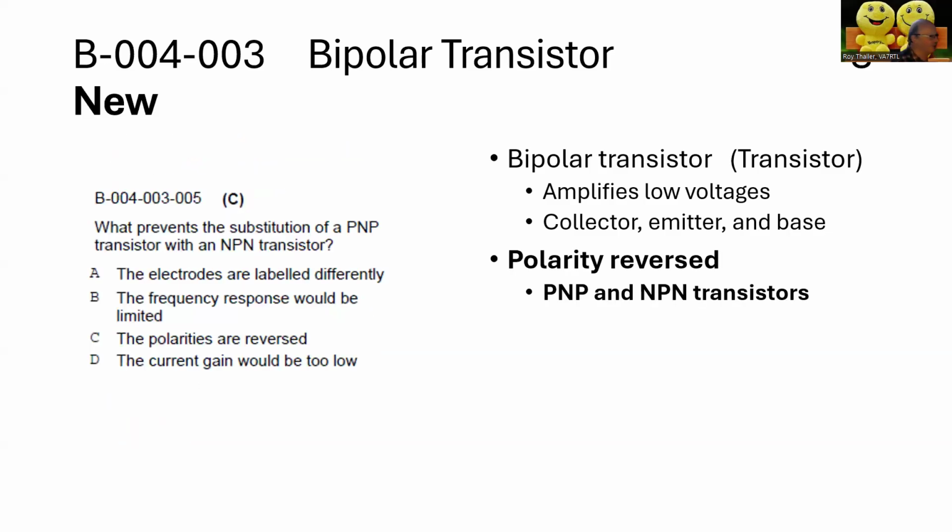Here is a new question. What prevents the substitution of a PNP transistor with an NPN transistor? So basically, because this is positive, negative, positive, and this is negative, positive, negative, the polarities are reversed. So C would be the correct answer.